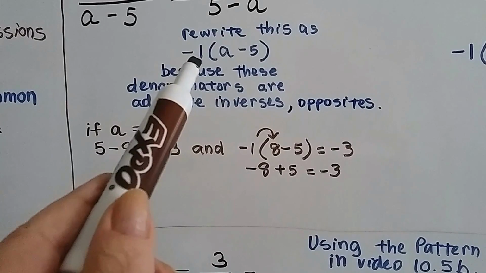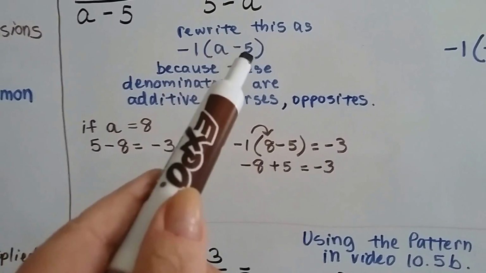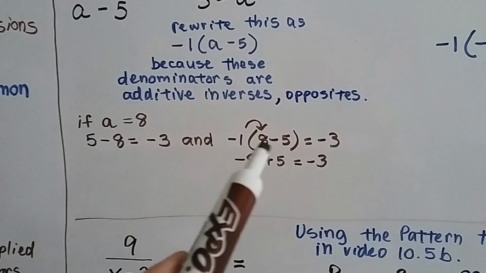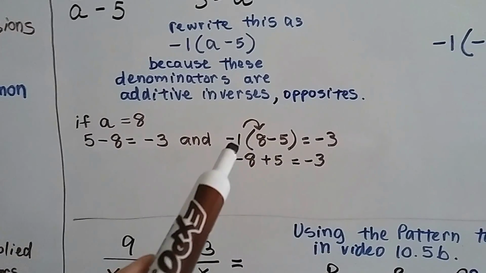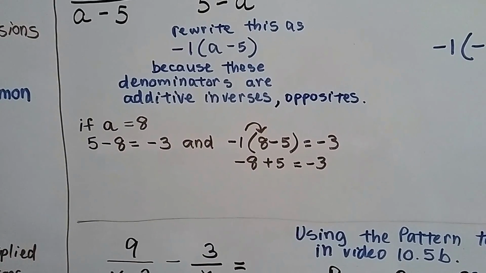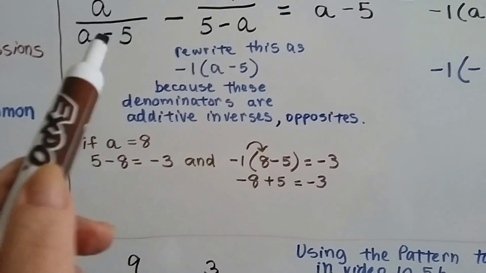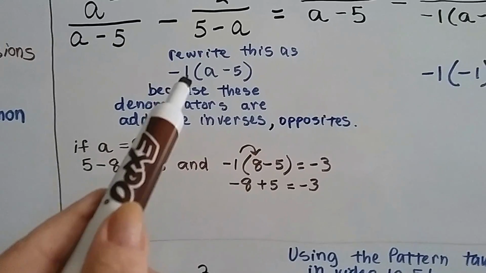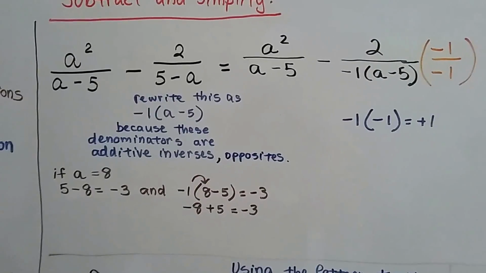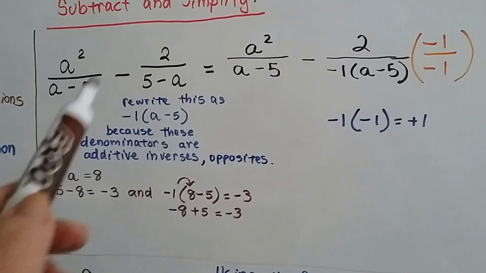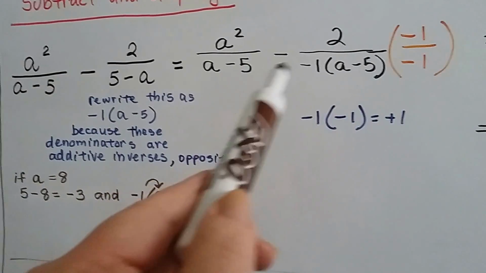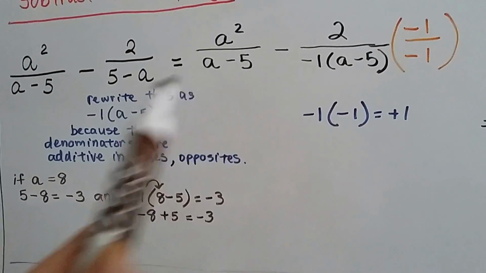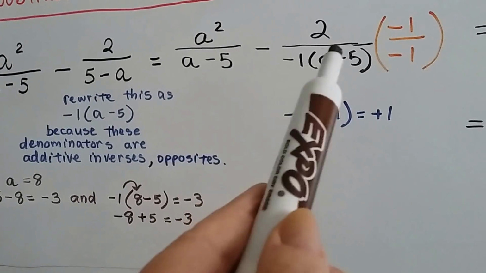Then we have negative 1 times 8 minus 5, and 8 minus 5 is 3, times a negative 1 is a negative 3. So when you see the opposites like this, just take one of them, multiply it by a negative 1, and we end up getting a squared over a minus 5. We just copied this one over, and we rewrote this denominator to be a negative 1 times a minus 5, so that it looks like this one.